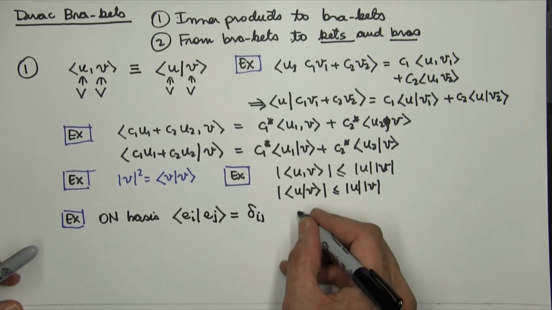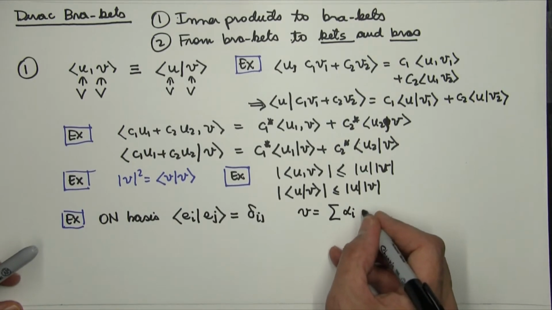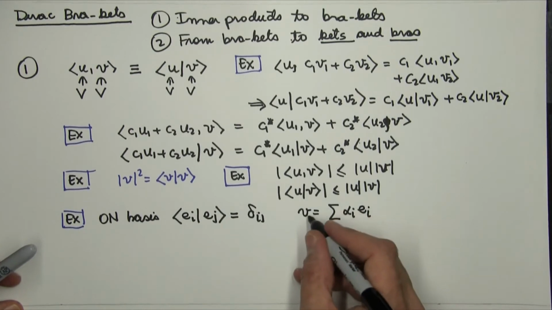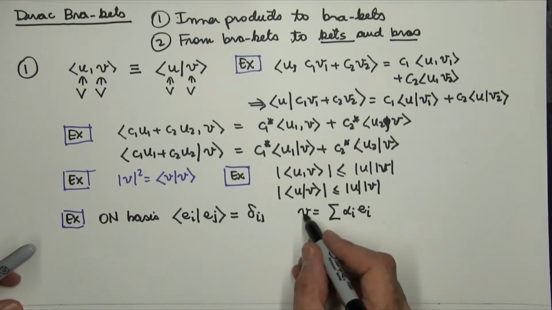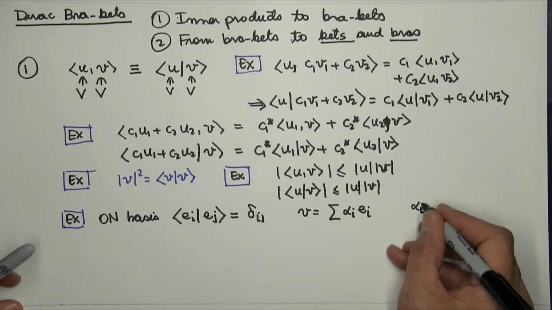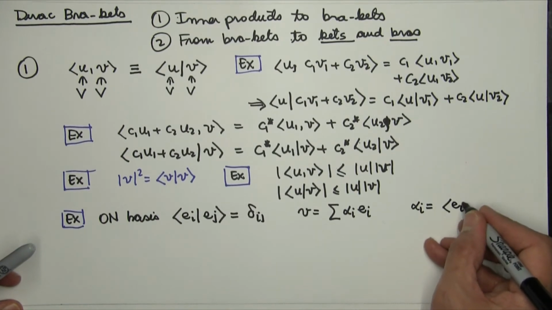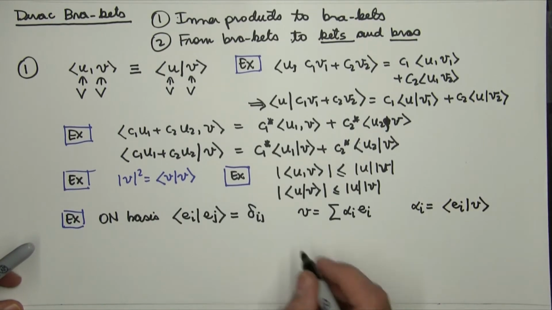In this case, if you have an arbitrary vector and you want to write it as a superposition of the basis vectors, then remember, you figured out what alpha_i was by the inner product of a basis vector with V. So alpha_i would be e_i inner product with V, which you write like this already.